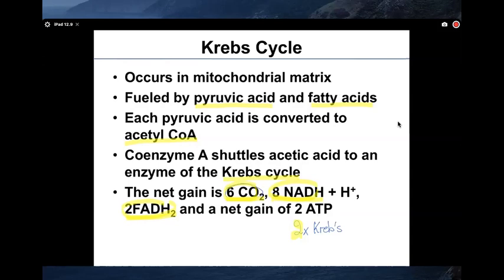Those numbers are for each glucose, not per Krebs cycle. And the same concept here for the 2 ATPs. For each Krebs cycle, you're going to be releasing 1 ATP, but you get 2 Krebs cycles for the glucose. So this is going to yield 2 ATPs.